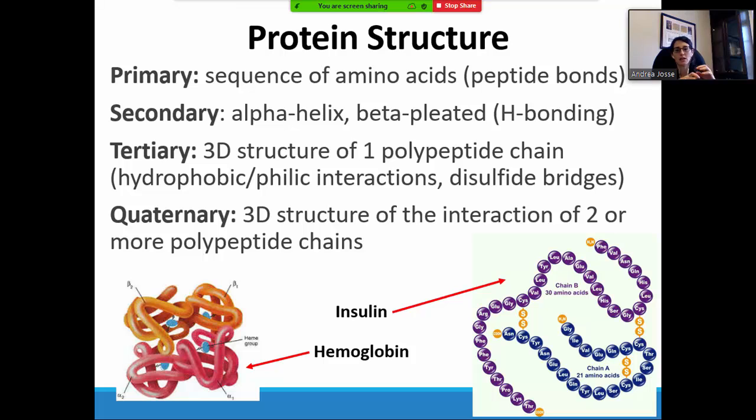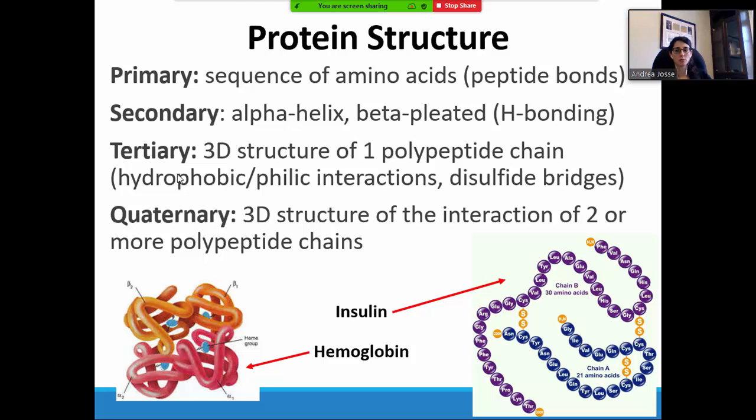And this is done through hydrophobic and hydrophilic interactions of the particular polypeptide chain and the formation of disulfide bridges between the different side chains. So if we take a look over here, we see this is a hemoglobin molecule and it's comprised of 4 different protein structures. So if you take one of them alone, this represents a tertiary structure of this one strand of protein. Insulin, on the other hand, is made up of 2 strands, okay, so 2 primary strands.